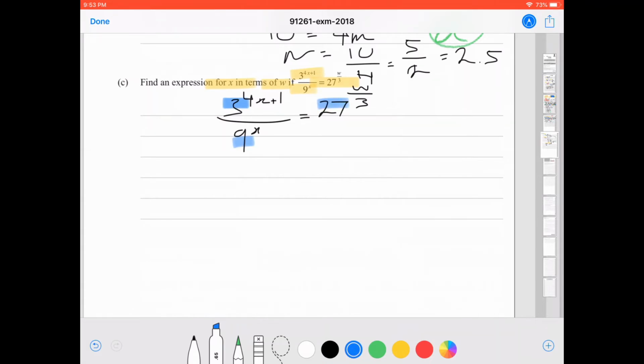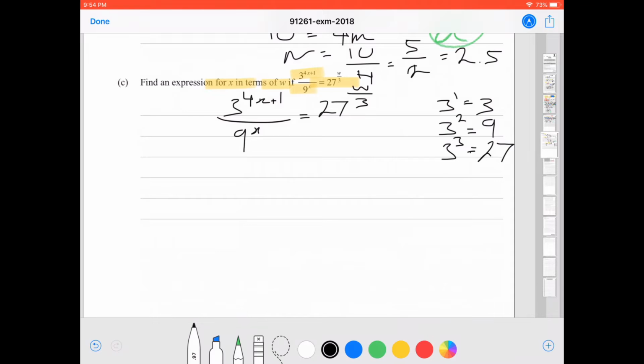We want to get all of these to base 3, because you'll recognize that 3 to the power of 1 is 3, 3 to the power of 2 is 9, 3 to the power of 3 is 27. So that is more or less basic facts, and we want base 3 here. So that's the first thing we're going to do.